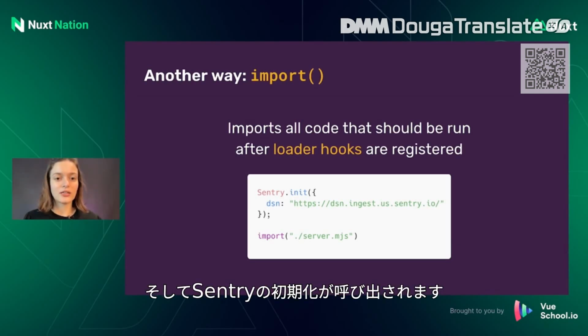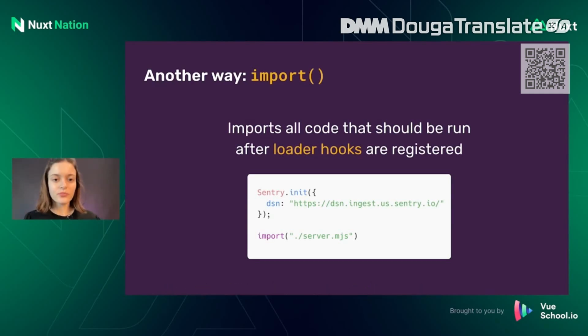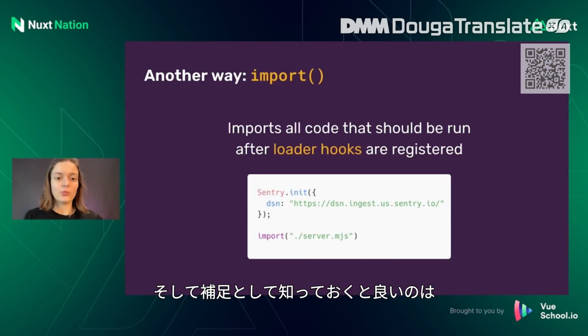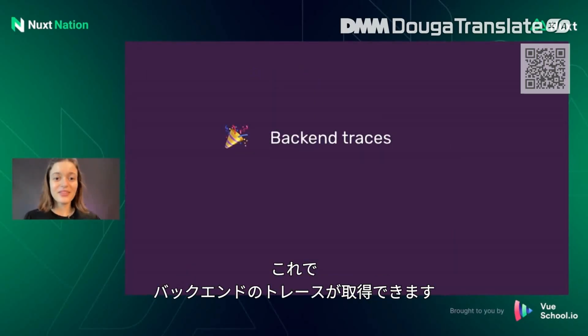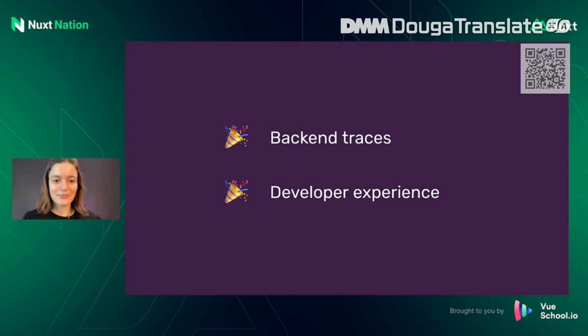The Sentry init call is called before you dynamically import your server. This ensures the correct order of execution. And as a side note, import is not a function, although it looks like one. So now we have backend traces, and we also have a nice developer experience.